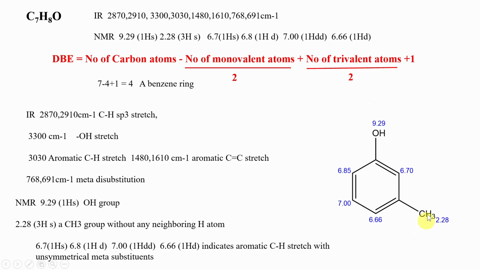Metacresol. You can see the NMR values 9.29 for OH and 2.28 for this CH3 group. It is CH3 and this is OH. Both are different, and hence this carbon hydrogen bond is unique, and the carbon hydrogen bond here is another unique carbon hydrogen bond, because the chemical environment is not the same as this, and another carbon hydrogen bond.